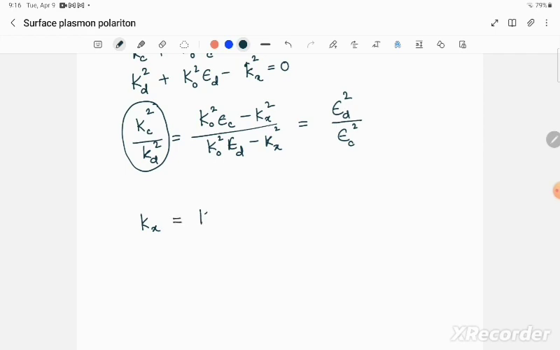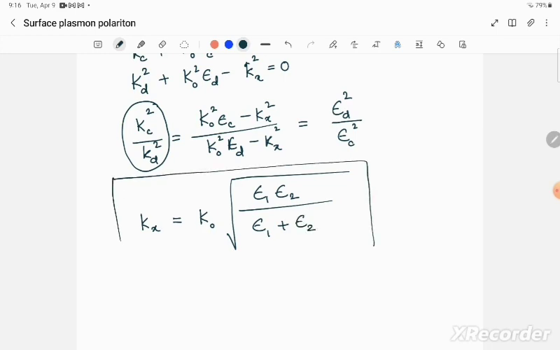So Kx is nothing but K0 times the square root of epsilon 1 epsilon 2 by epsilon 1 plus epsilon 2. This will lead to the dispersion relation, because knowing the form of epsilon 1 and epsilon 2 in terms of omega, if you plug it in, this gives your dispersion relation.